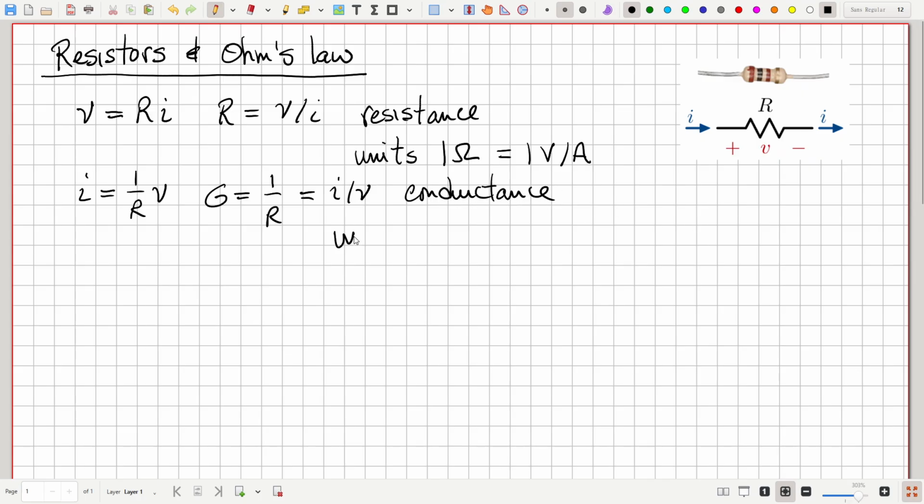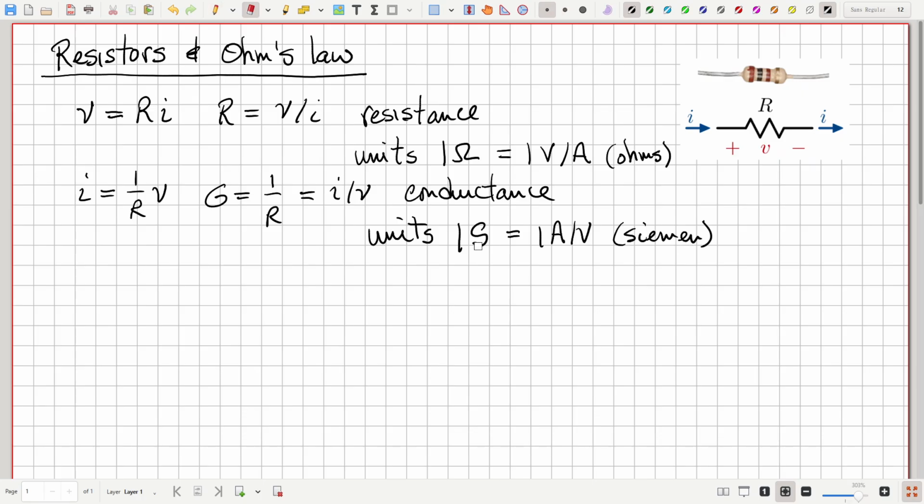And it has units of Siemens, 1 capital S. 1 Siemens is 1 amp per volt. Siemens, capital S, not the lowercase s we use for seconds.